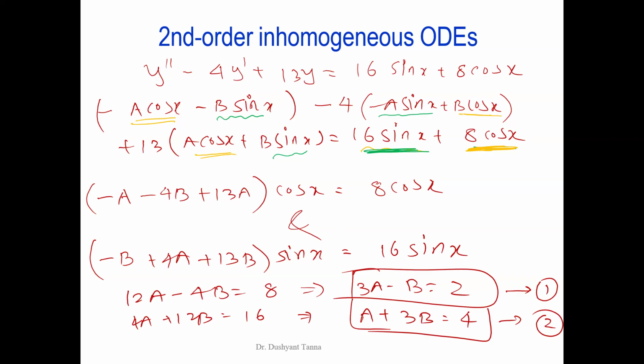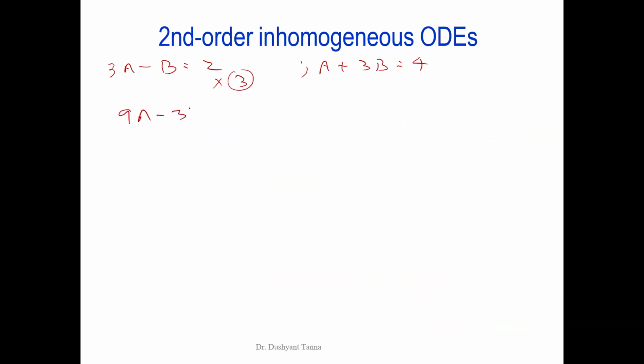Multiply equation 1 by 3. So let's rewrite the equations. 3a minus b is 2, and a plus 3b is 4. Times equation 1 by 3 and add.